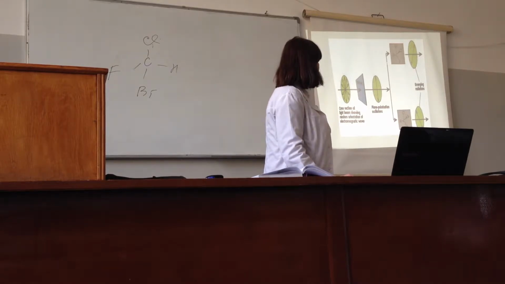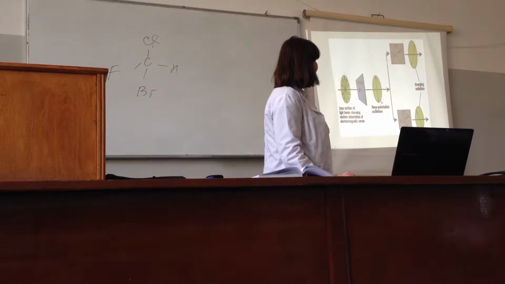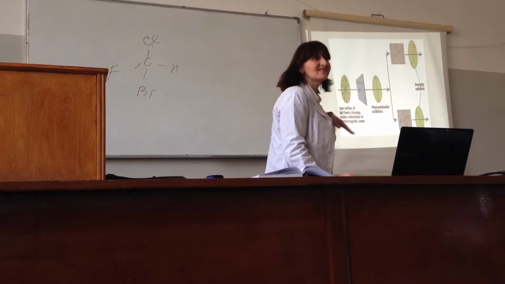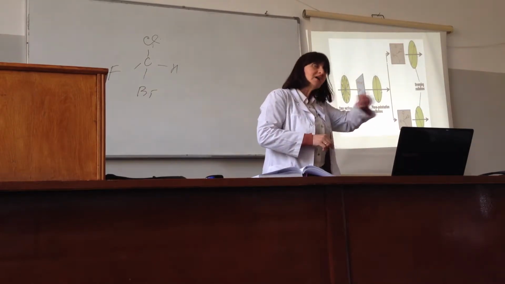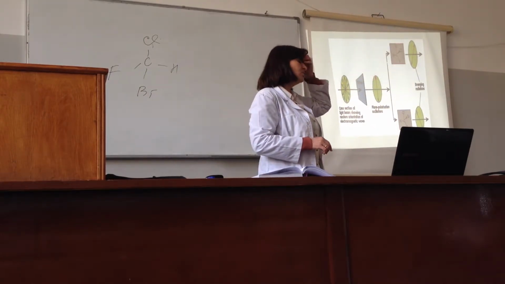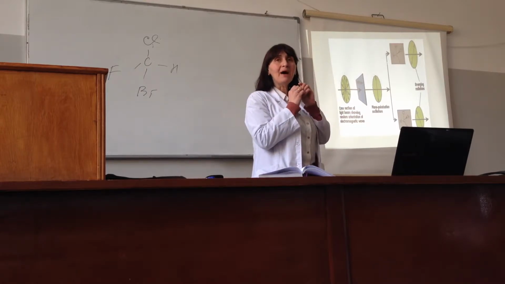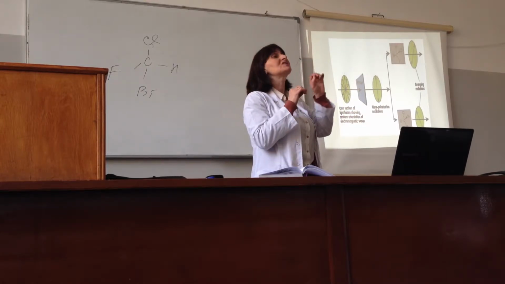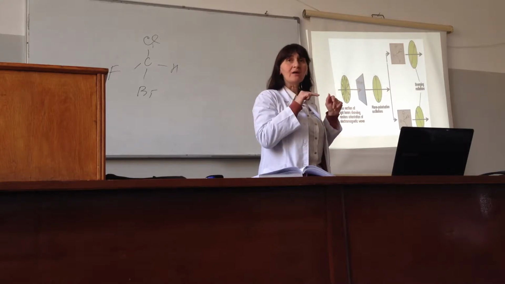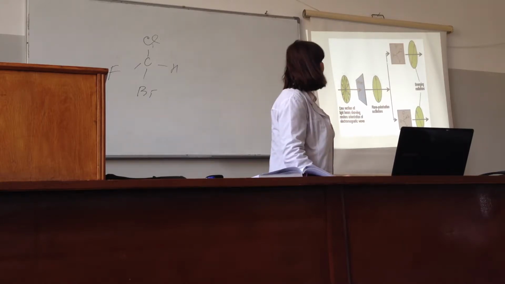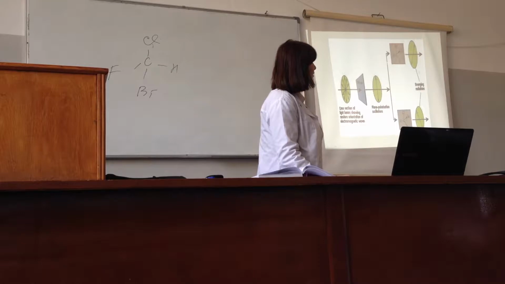This is how they rotate the polarized light. You see, this is plane polarization, and after passing this light through a solution which contains this optically active compound, which once again has a chiral carbon, the polarized light rotates to the left side or to the right side.